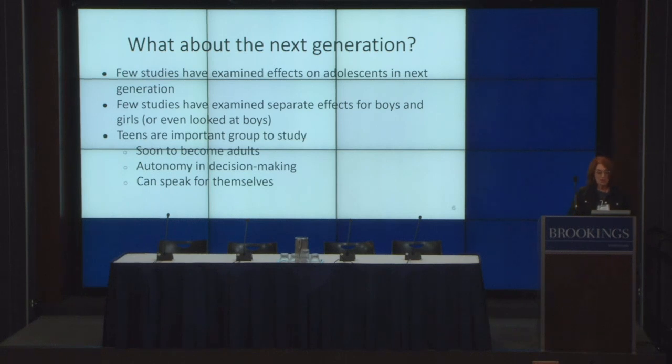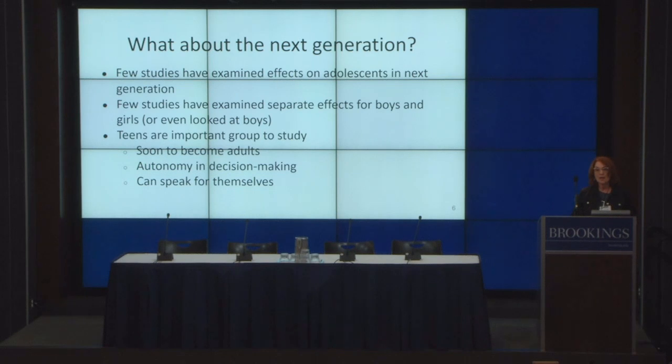So the purpose of our research is what about the next generation? And there really have not been a lot of studies that have looked at adolescents, and very few studies have looked separately at the effects for boys versus for girls. And we were particularly interested to study teens, partly because they're kind of the first group forward. The younger kids are still moving along. So they're soon to become adults. So to get an idea of what they're going to do as adults, we look at what they do as teens.